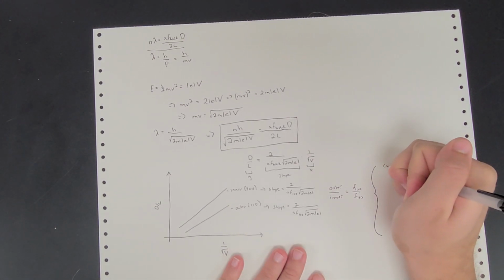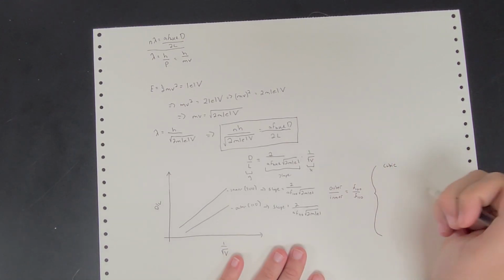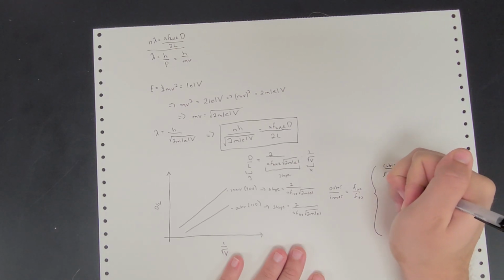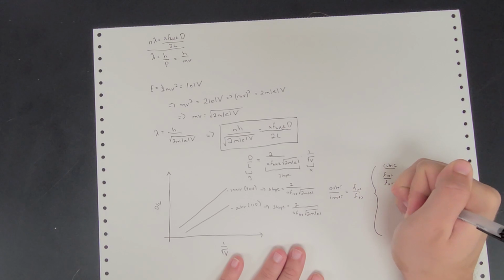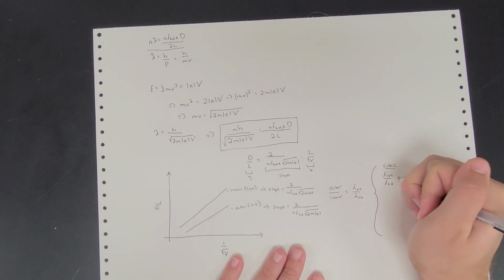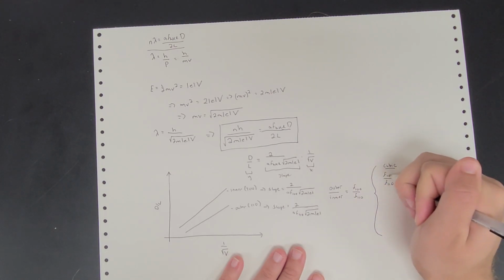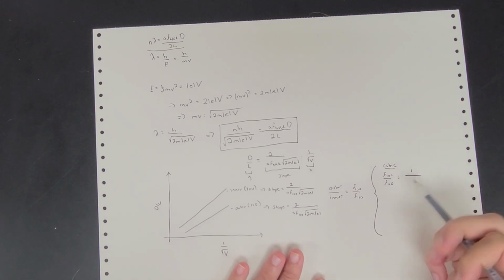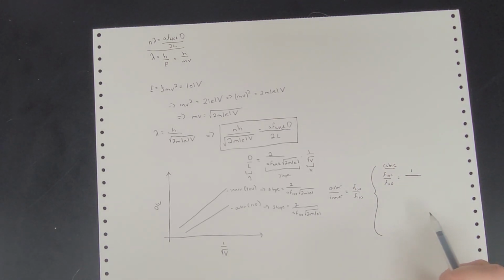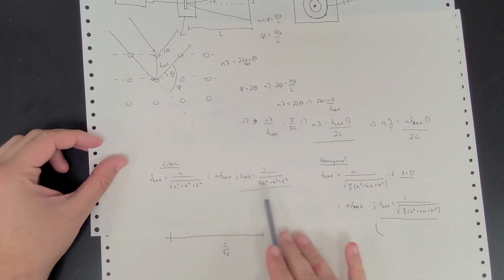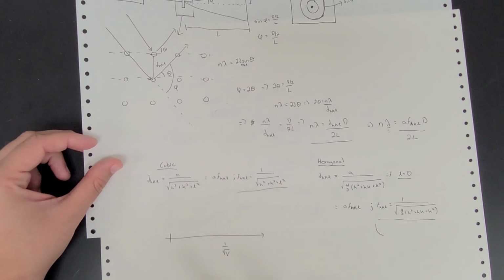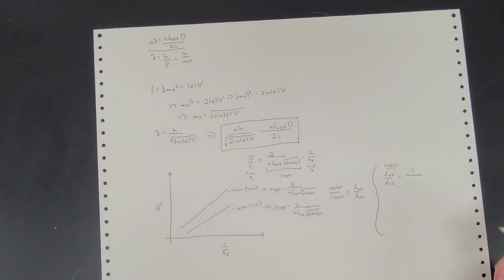So for a cubic lattice, right, this ratio of F100 over F110 is going to be equal to 1 for F100. And you can just go back using these equations that we found down here for these FHKL values, and you can plug in 100 and 110, and you can confirm this, and you should confirm this, right?